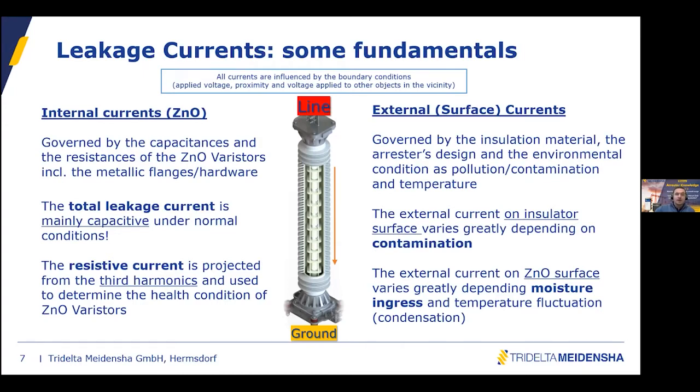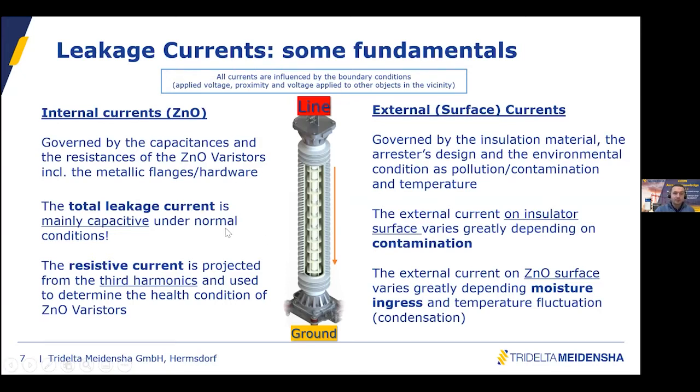Important to mention here, as you will see in the next part of the presentation, is that what is used is the peak value of the total leakage current, which is much more relevant than the RMS value.